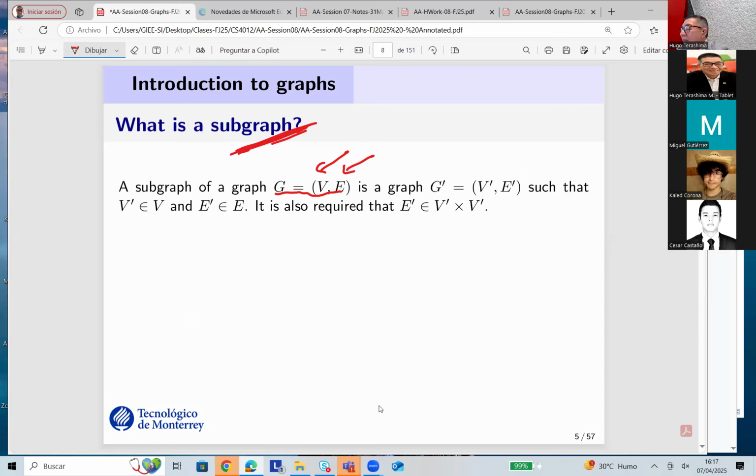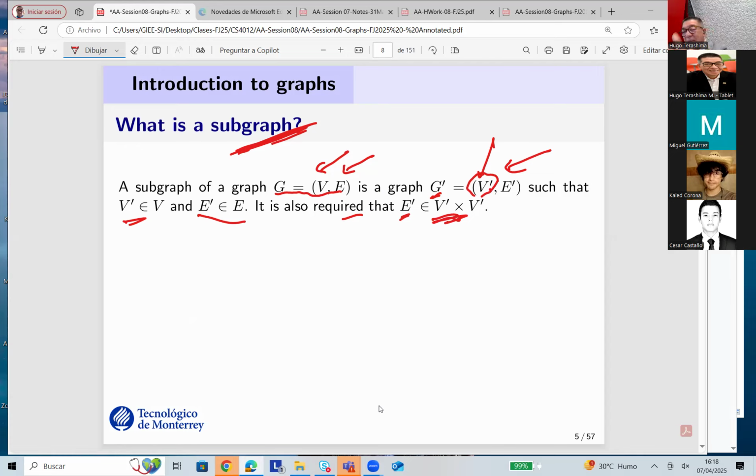It's a graph G prime in which V prime is a subset of V and E prime is a subset of E. And it's also important that the nodes in E prime are in V prime also, right? So that is a subgraph.